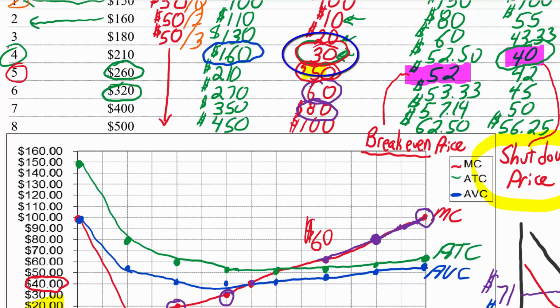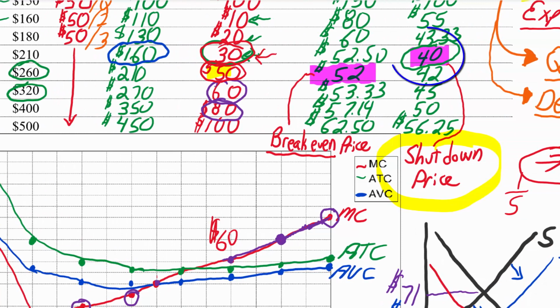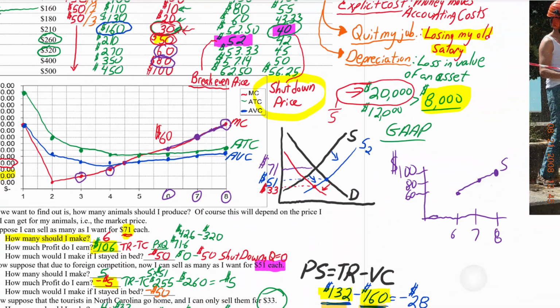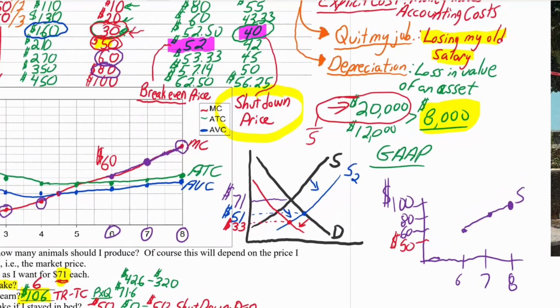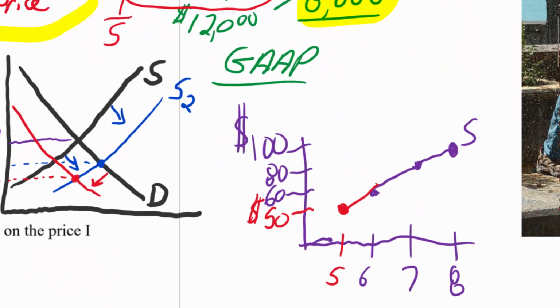They're not willing to produce 4 units because $30 is below the shutdown price of $40. So at least down to some point, at least down to $50, the supply curve keeps going down to 5 units. But we know the lowest possible point on the supply curve is going to be at a price of $40, because below that, the firm would shut down.